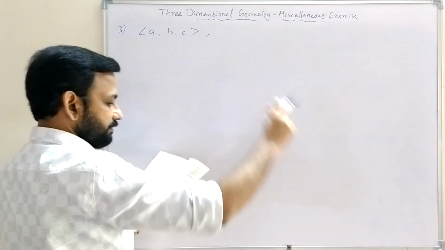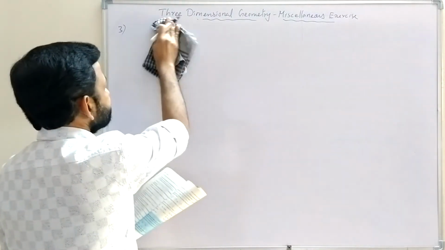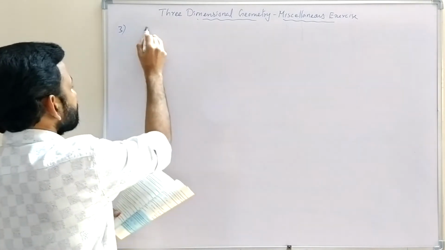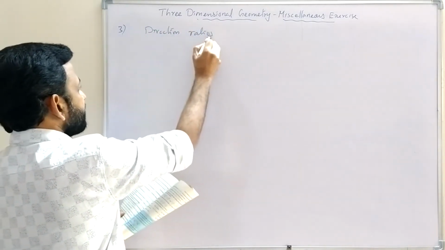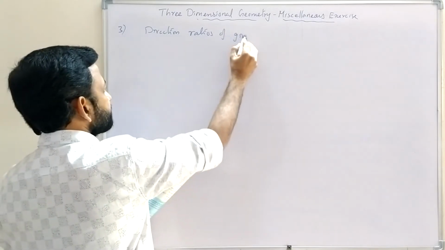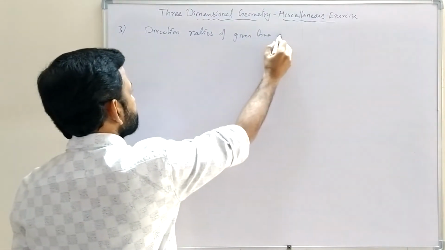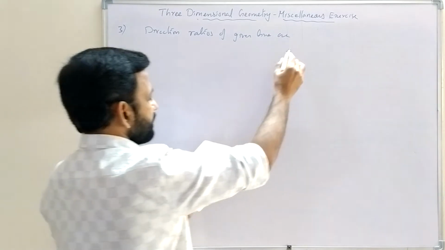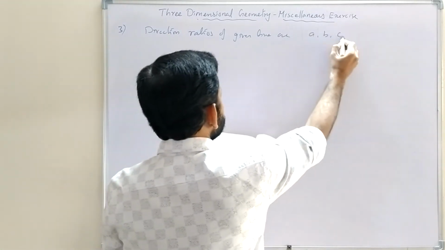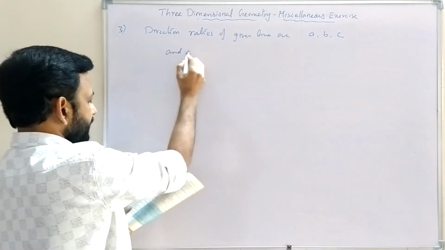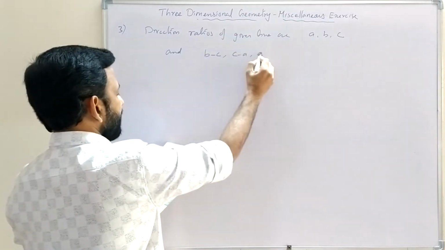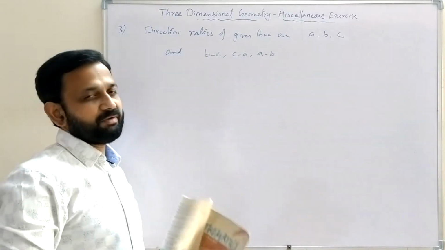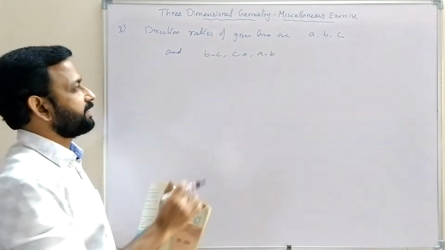Then we will write: direction ratios of the given lines are A, B, C, and B minus C, then C minus A, then A minus B. Then we need to find the angle between them.